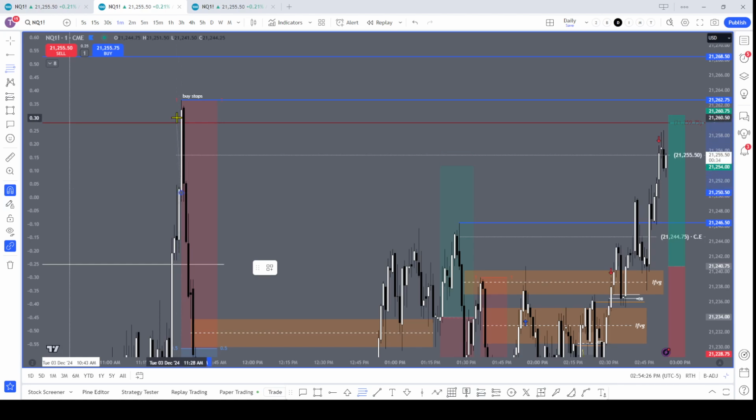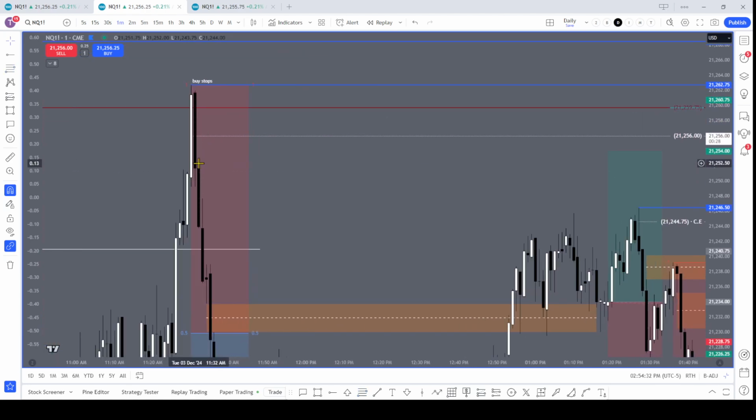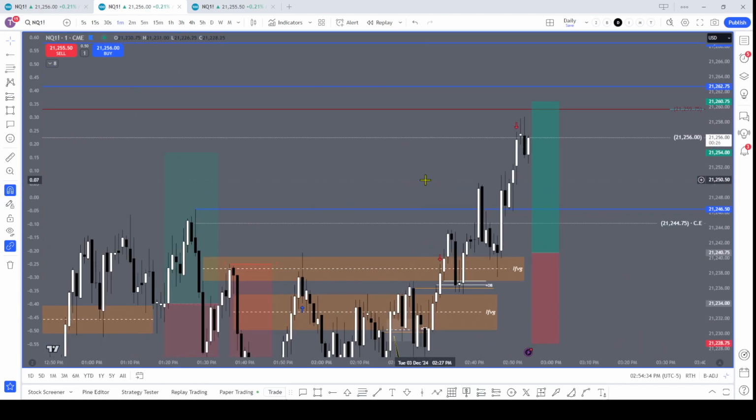Let's look at the midpoint of this order block here. It's a bearish order block. Midpoint, body to body.